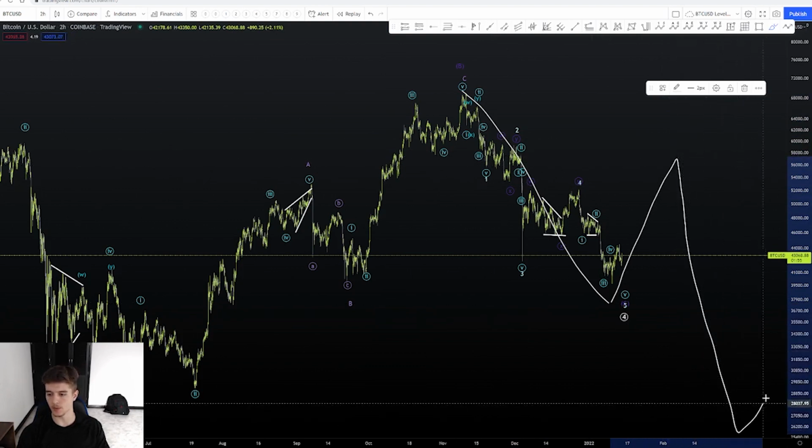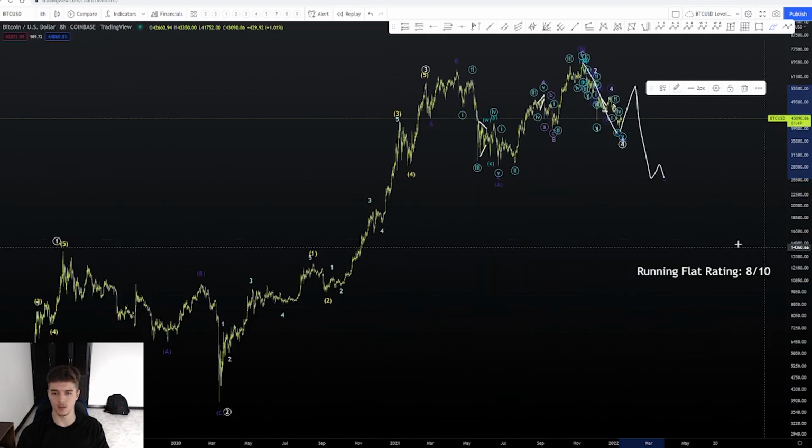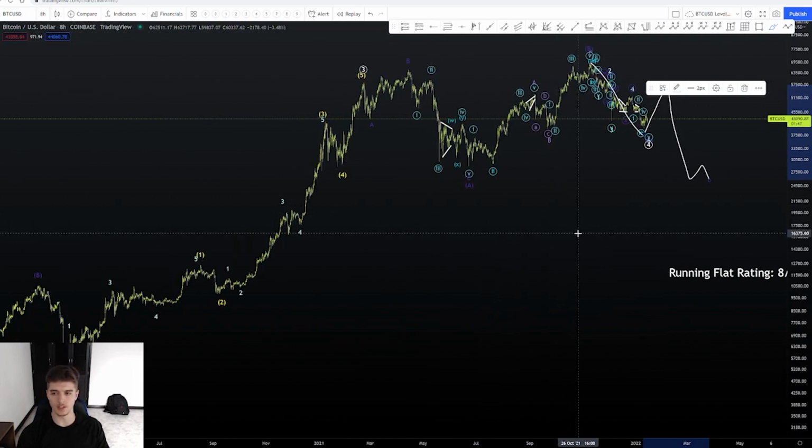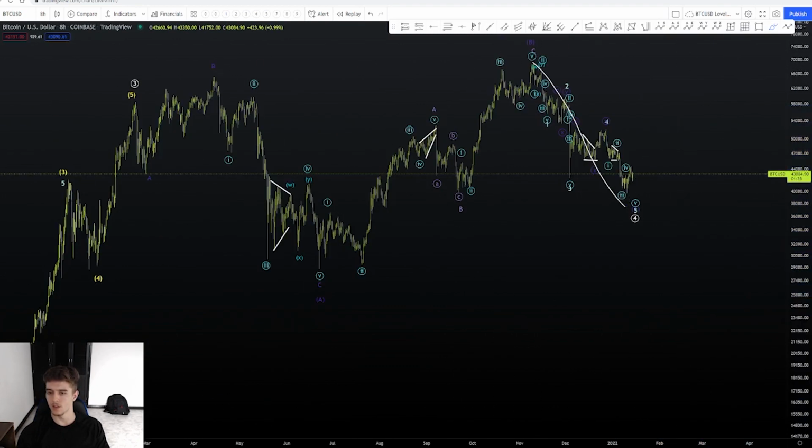Then we'd be coming down for the minor wave 3, 4, 5, in which case we'd be probably bottoming out quite low. I'm not going to go into detail, but I'd be looking for this order block right here around 24 to 23-ish, if it were to be a running flat. So yeah, that's this count right here.